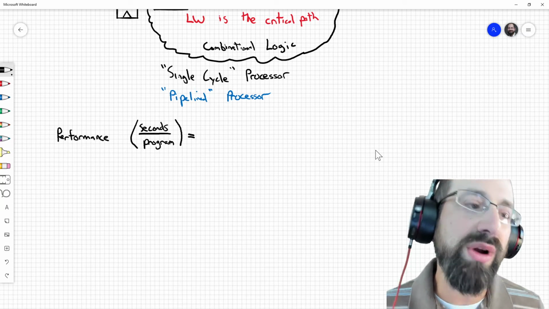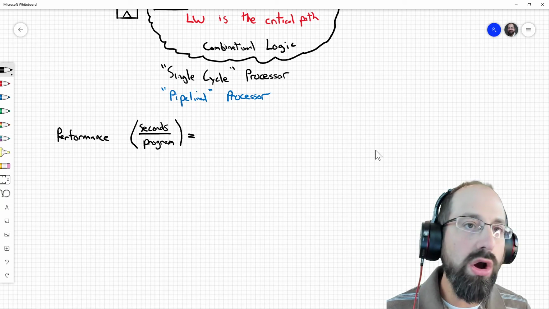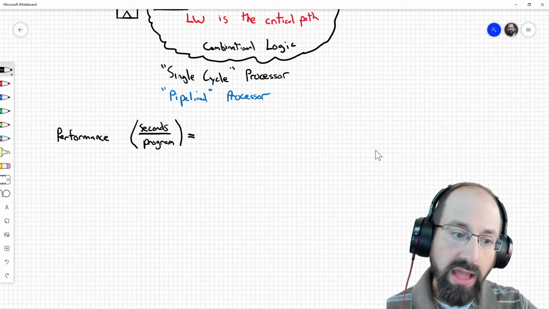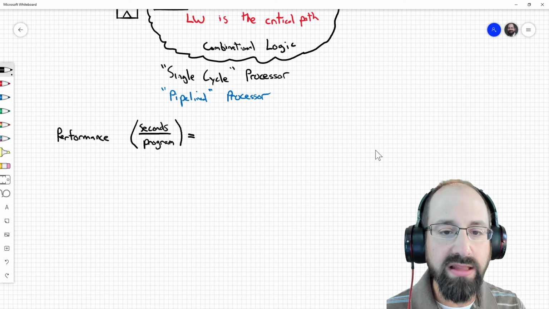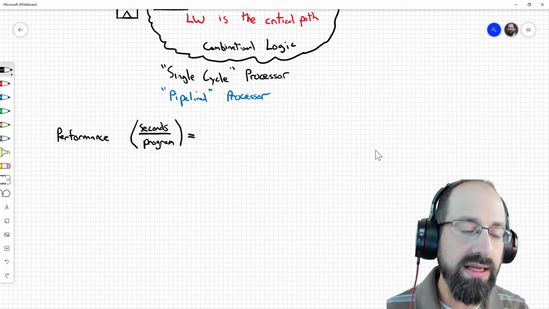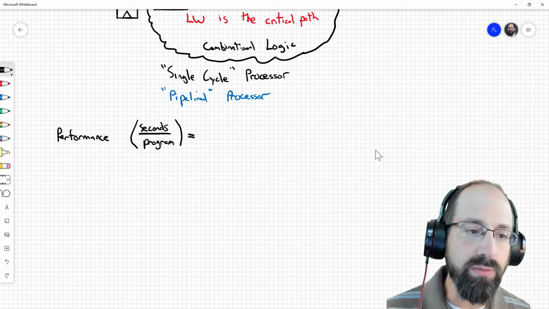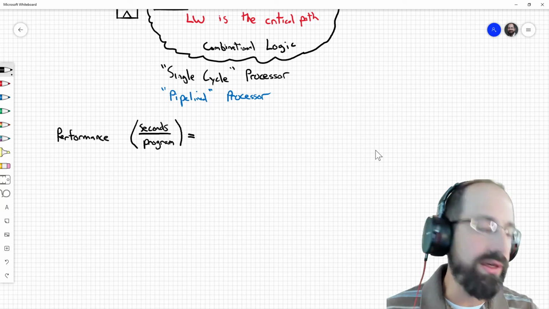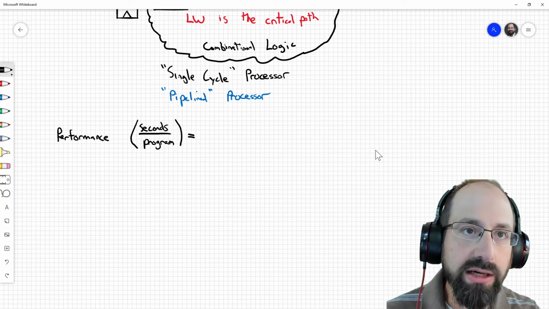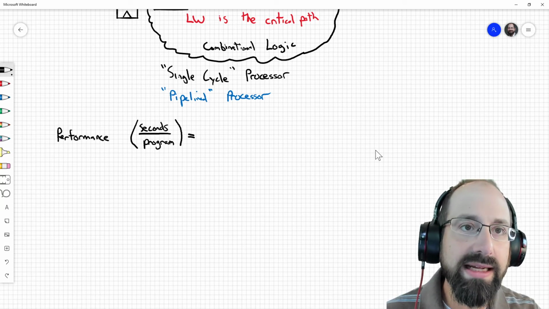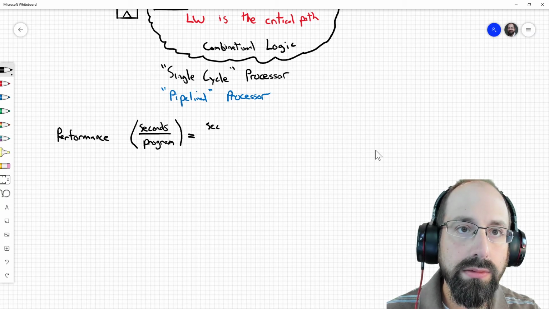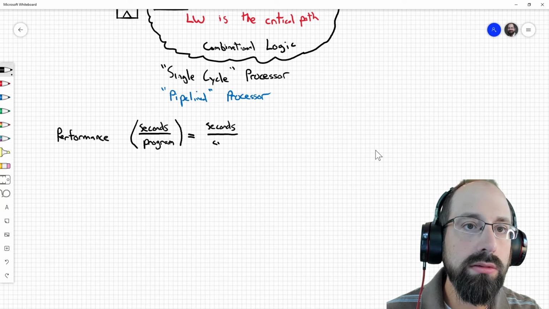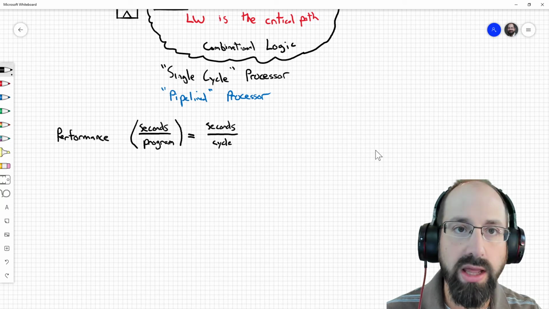And we have a way of breaking that down. We know, for example, given our underlying implementation, we have this clock frequency, we have this clock rate, we have this critical path of our underlying implementation, and that can be part of the equation, right? Our clock rate tells us how many seconds it takes for a single clock cycle in my underlying implementation.